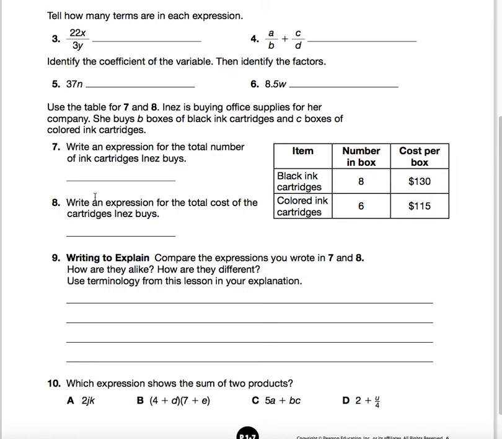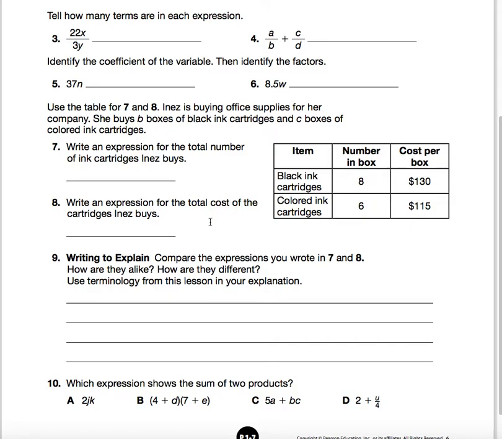So think of that as an expression. This number will be a coefficient, this number will be a coefficient, and you might want to use b as the variable because that would be black cartridges, and C as the variable for this one because it's colored cartridges.